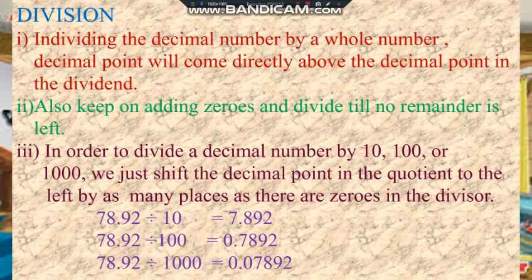Okay, and if we divide by 1000, then after 3 digits, so we don't have a third digit over there, so we'll take 0. So answer will be 0.07892. Understood, dear students?